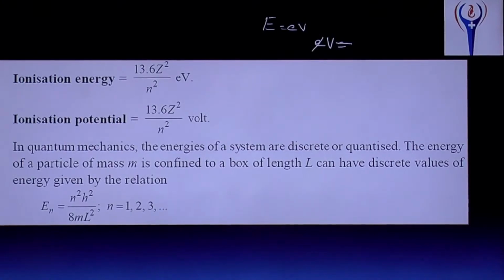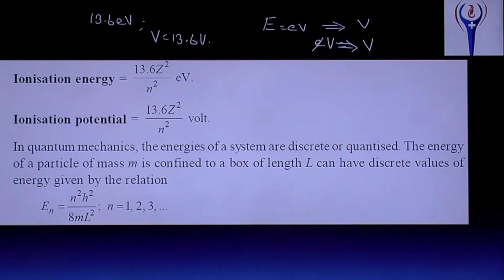So energy can be converted into volt by dividing by the electron charge. Ionization energy is in eV and ionization potential is in volt. Suppose the energy is given as 13.6 eV, then the ionization potential is V equal to 13.6 volts.